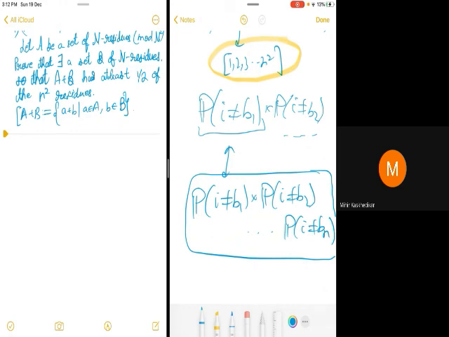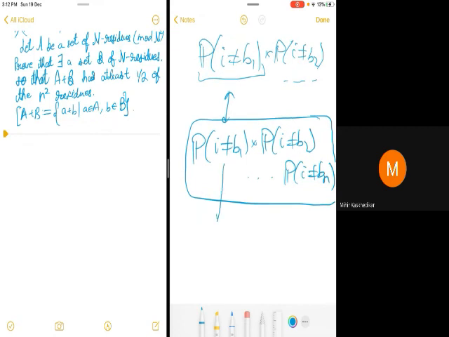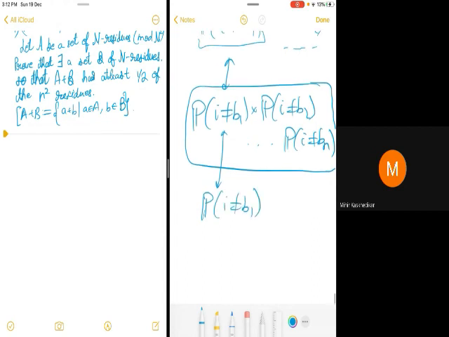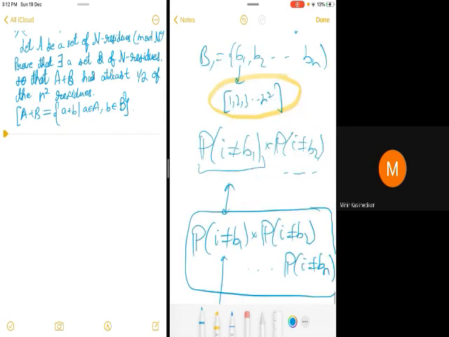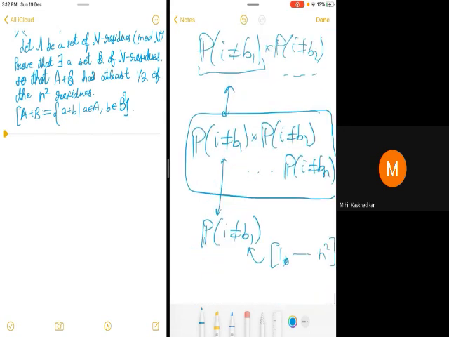Okay, yes, right. So now we will calculate what is the probability that I is not b1, and notice that b1 is a random number in 1 to n square. By this I mean that I does not belong to a plus b1.